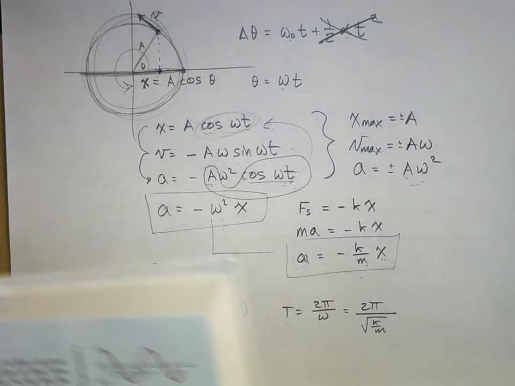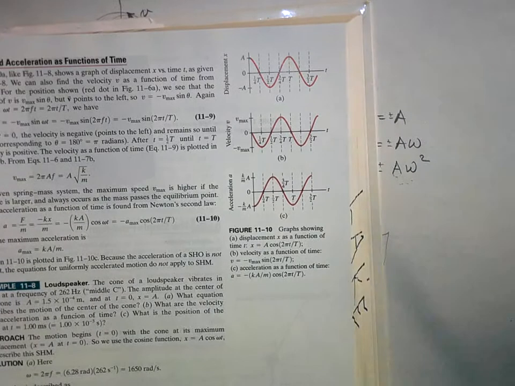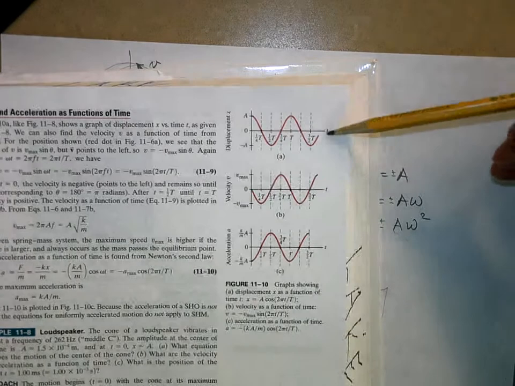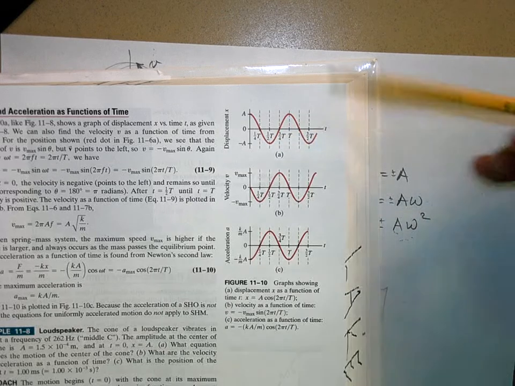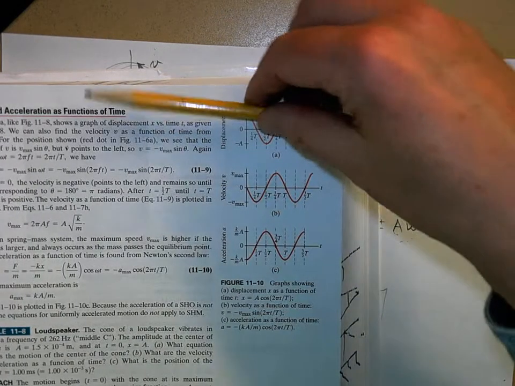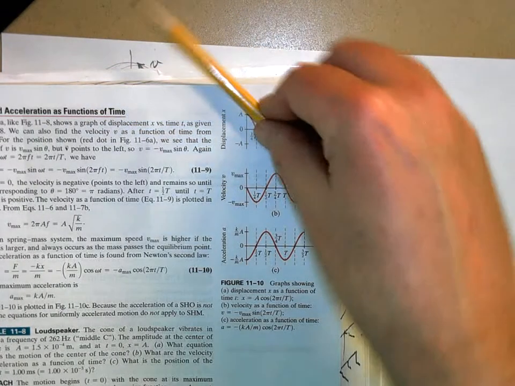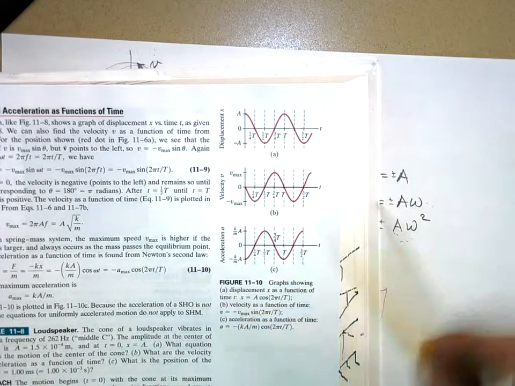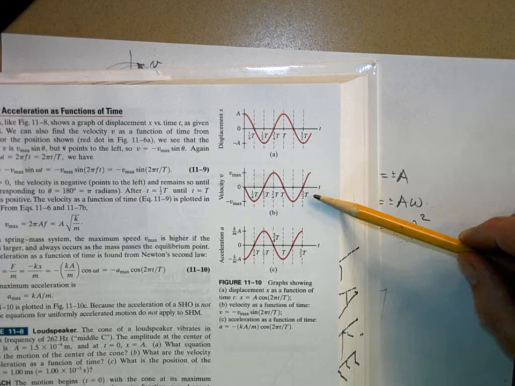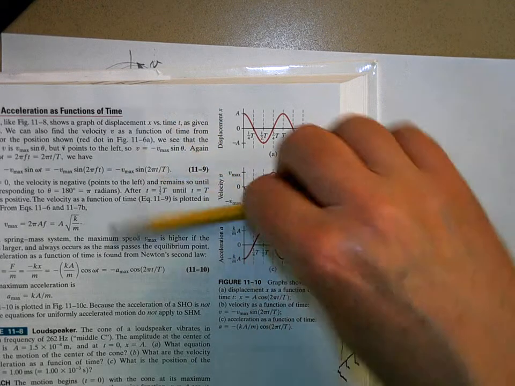All right. Here you see a graph that really shows, here's our cosine wave. And if you take the slope of this, zero slope, and then you just take the slope of this and follow it around, you get this graph. And then if you take the slope of this, right, because acceleration is the slope of velocity, you get this graph.